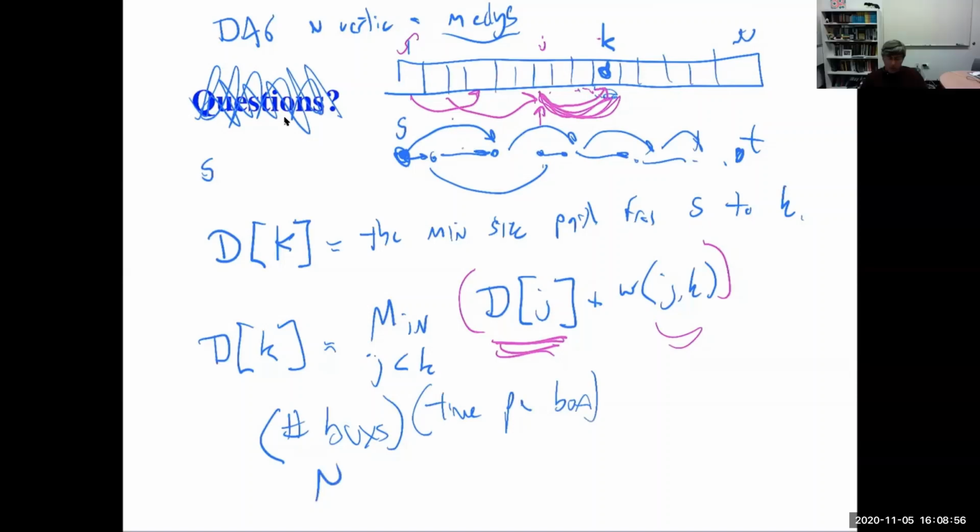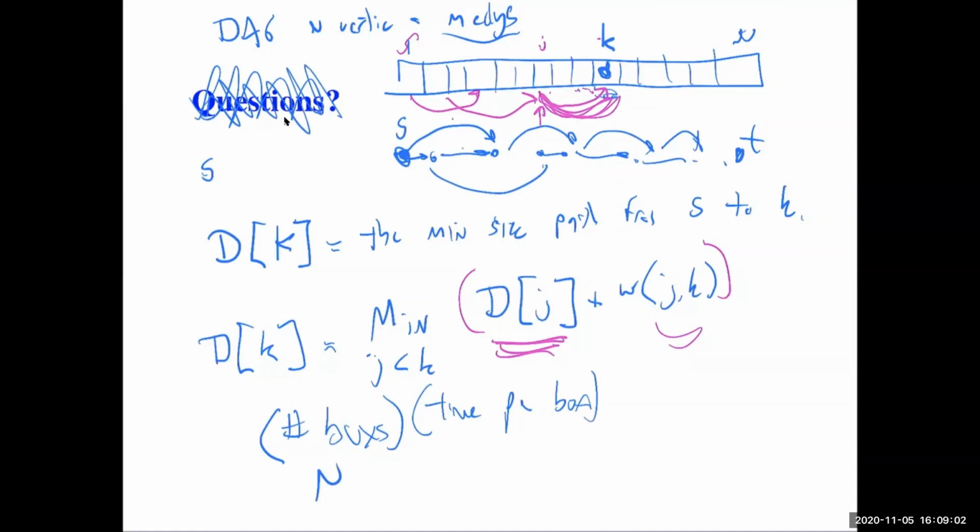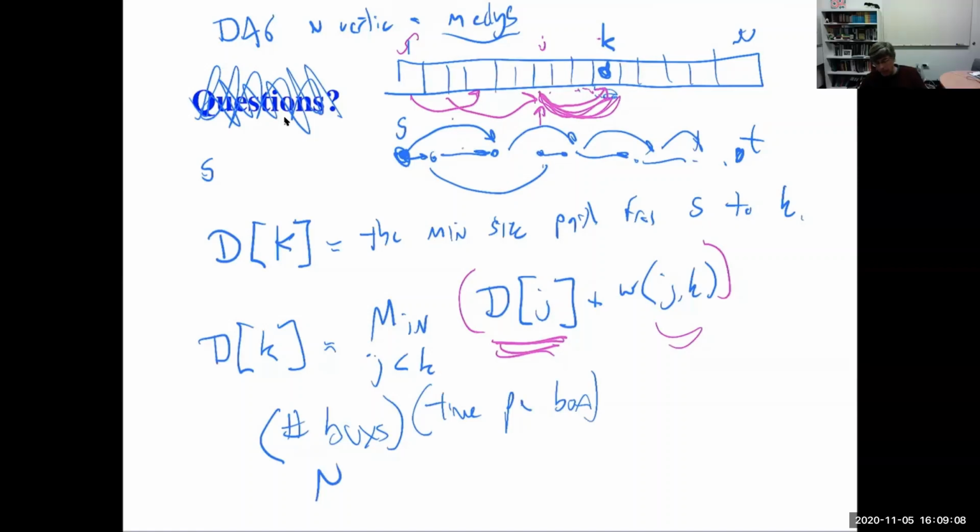How much time does it take to fill each box? If K is N, I think worst case would be N minus 1. Does everybody see that we're going to be looking at all indices less than K? So this is going to be order N. That's the worst case time. This would give you an order N squared algorithm for this.